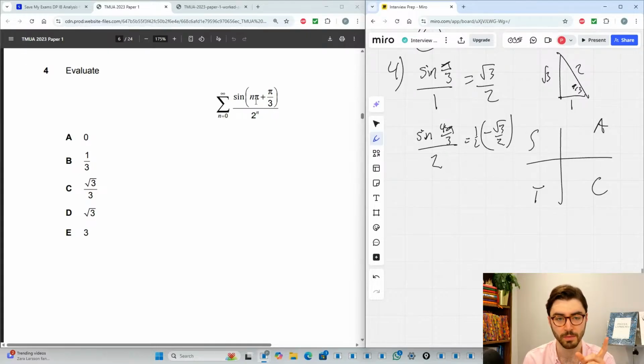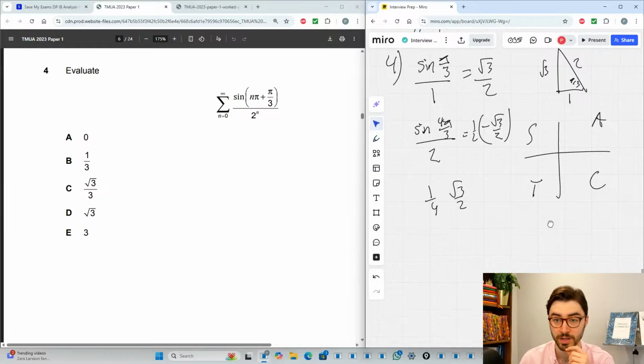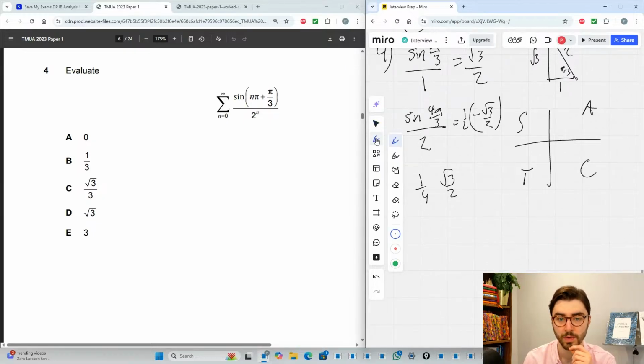And then if I add another pi back in, it's just 2 pi, so it gets back to root 3 over 2, again to the power of 1, this time with a quarter. In other words, I'm seeing a geometric series where a is equal to root 3 over 2 and r is equal to minus a half.